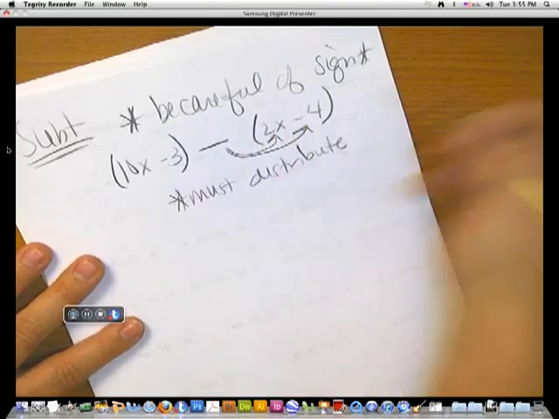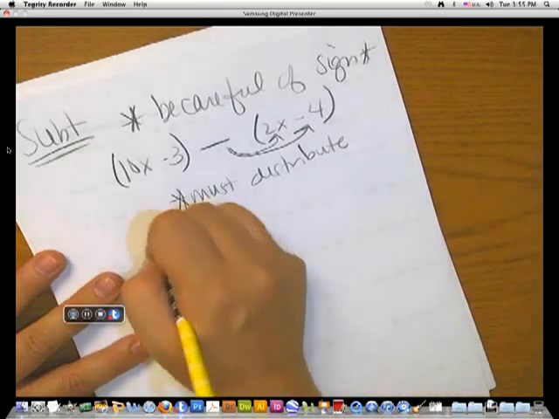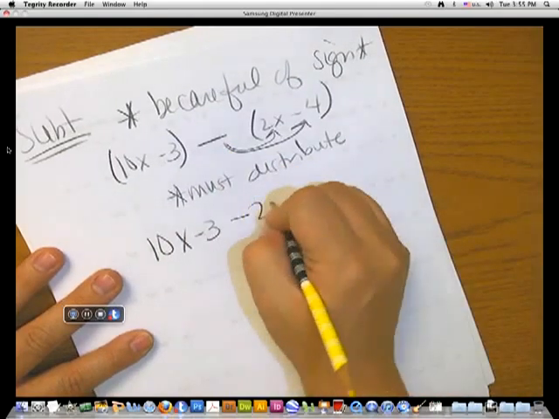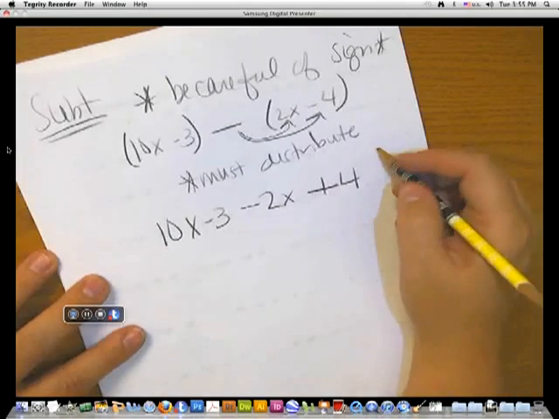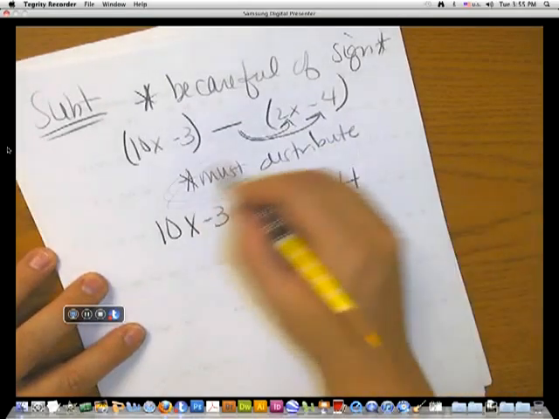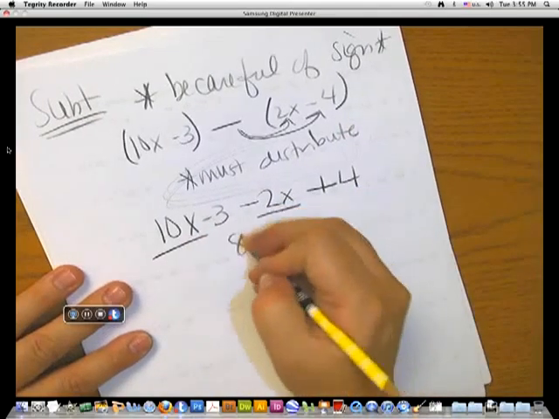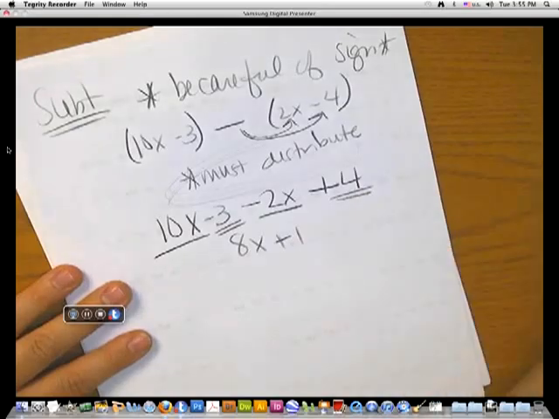I have to subtract all terms of the second polynomial, not just the first one. So the first one, leave it alone, minus 2x and plus 4. This is the number one thing that we forget to do. Now combine like terms and you're done.